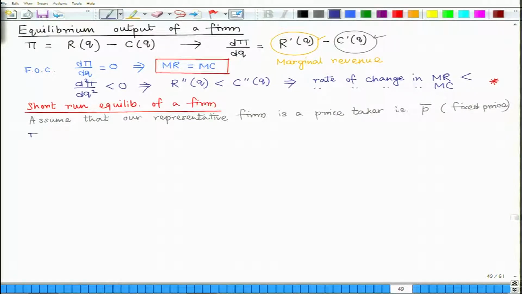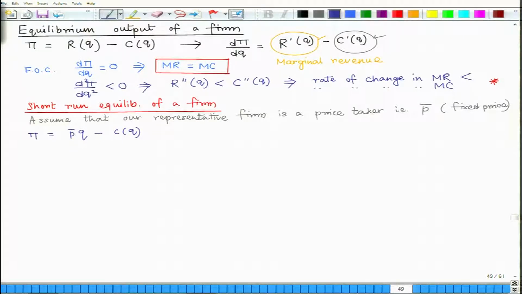Let me rewrite the profit expression again. In that case it will be P bar, the fixed price that the firm earns by selling one unit of output, times the output being produced, that is Q, minus the cost of producing output.